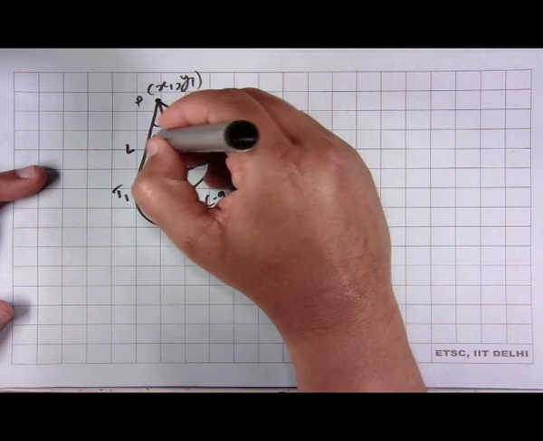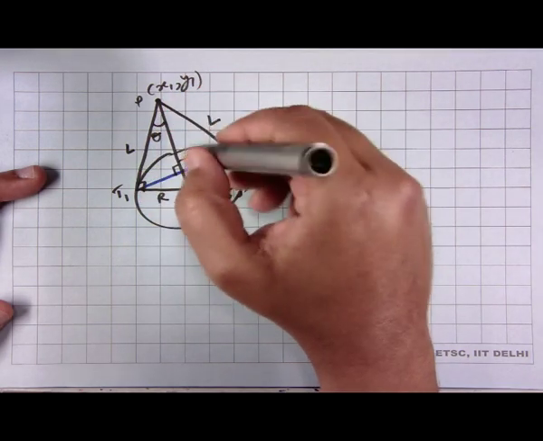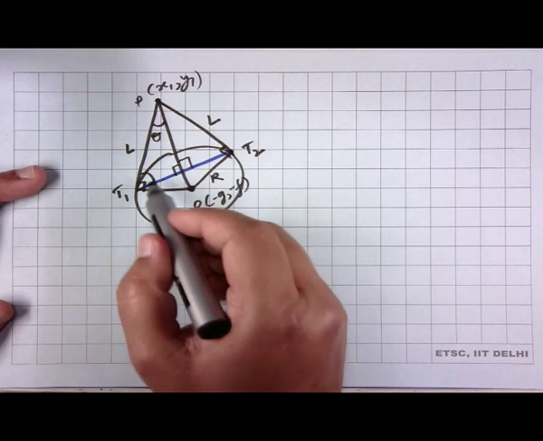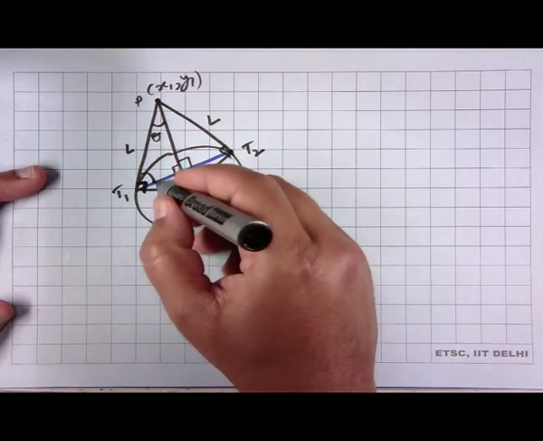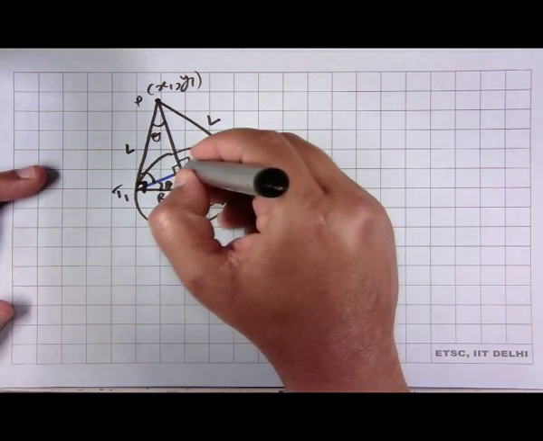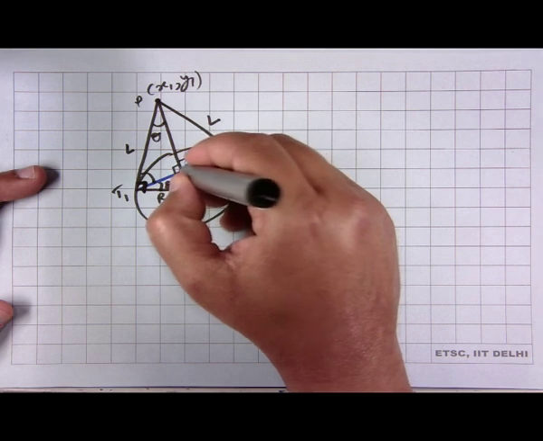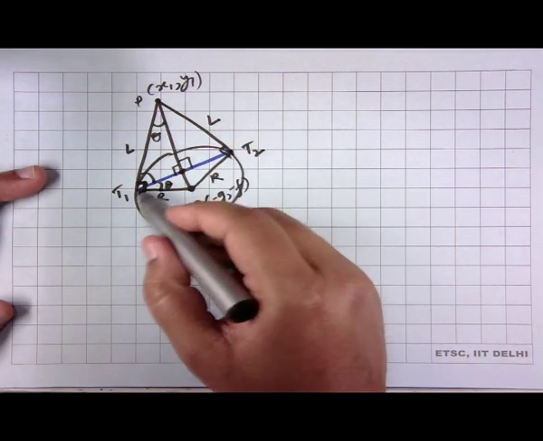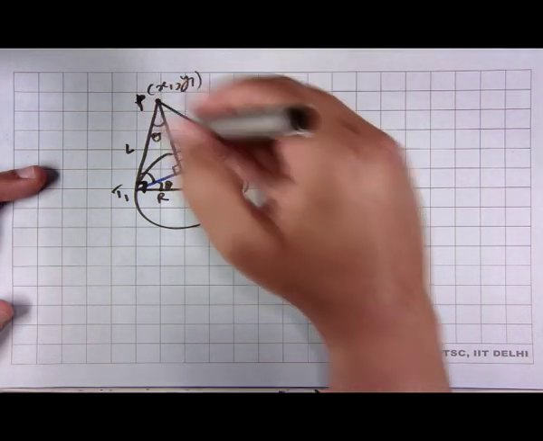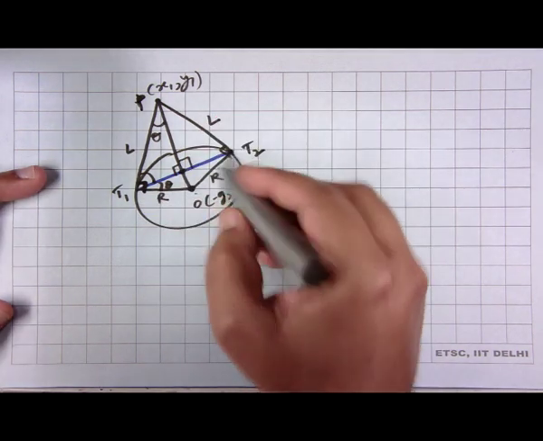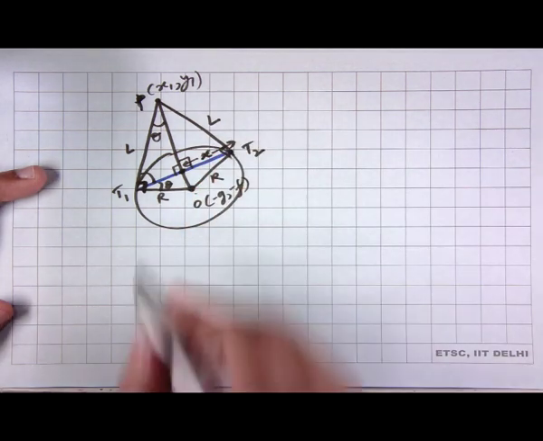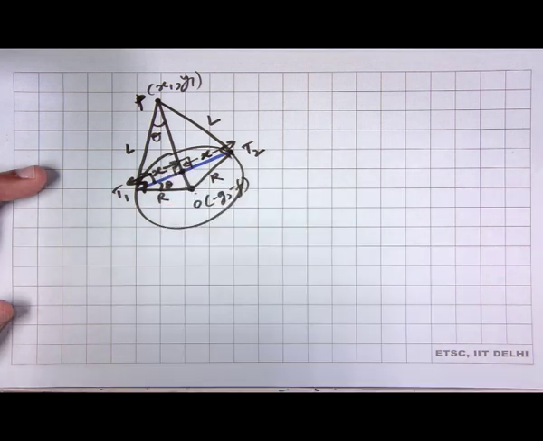And let us say if this angle is theta, then this angle is 90 minus theta, but because this entire angle is 90, this angle is also theta. Further, this point, which is the intersection of the chord of contact with the straight line joining the center O to the point P, is the midpoint of this chord, and therefore, if this length is x, then this is also x.